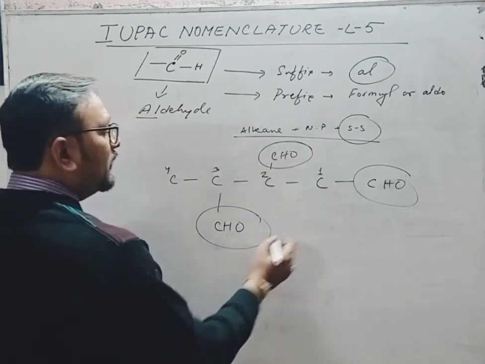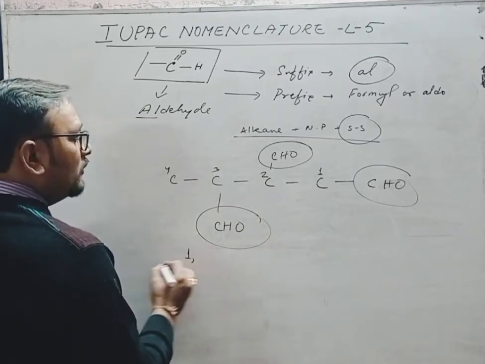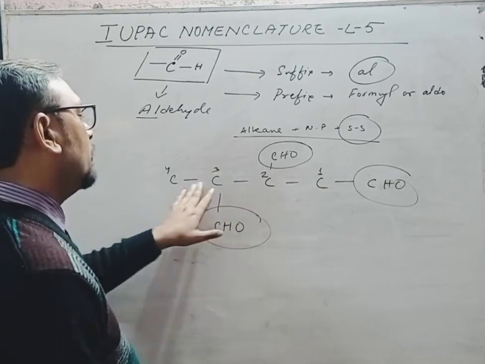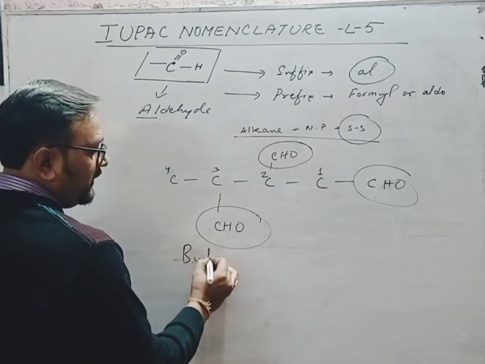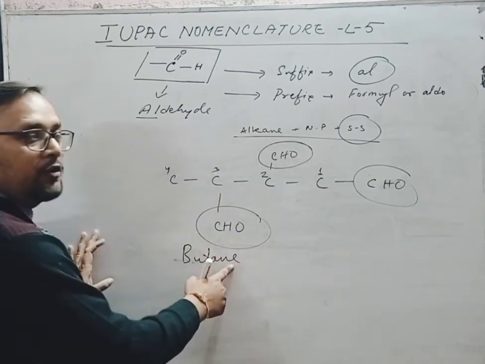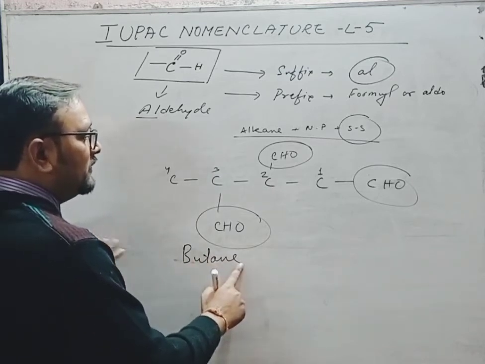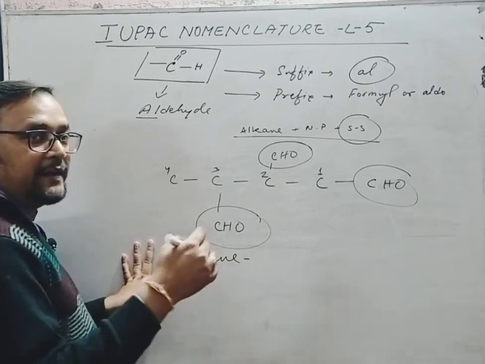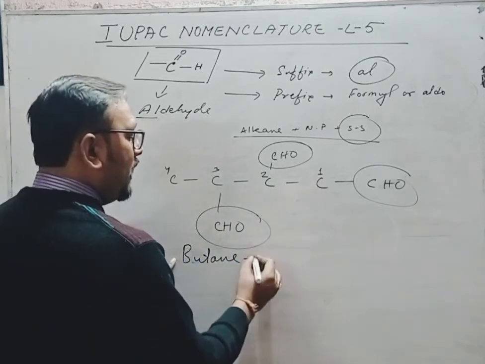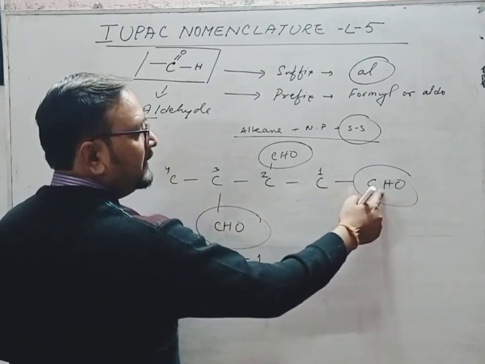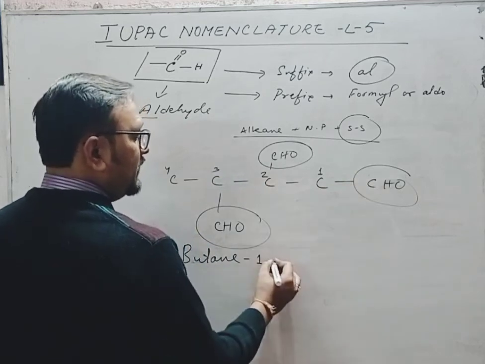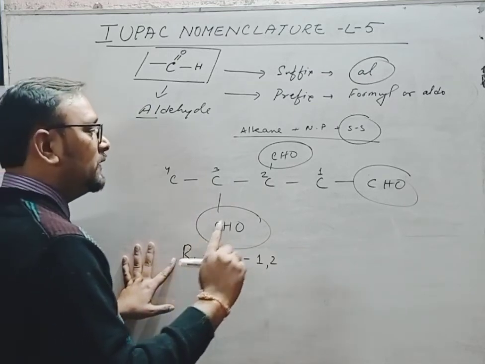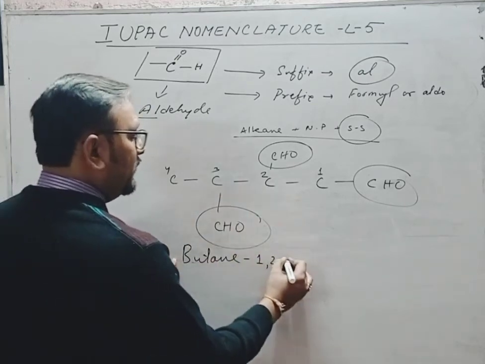Okay. Now we have to write the name of the compound. First we have to write the word root: meth, eth, prop, but. So what is it? Butane. I have not dropped that e, butane. Given hyphen, now write the numerical prefix locants: 1, first aldehyde is there, comma, 2, comma, 3.